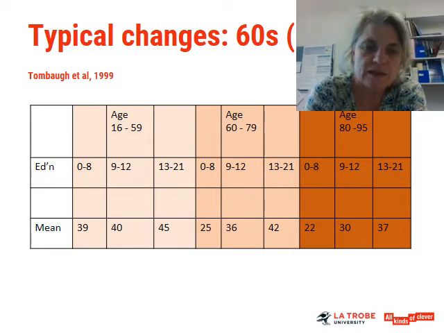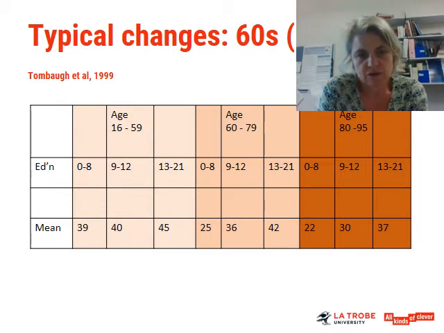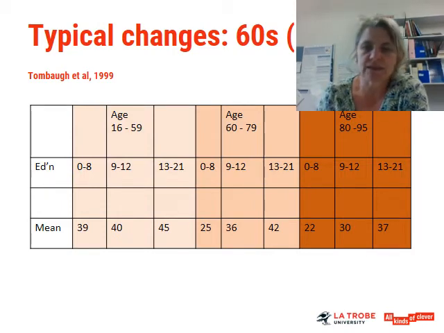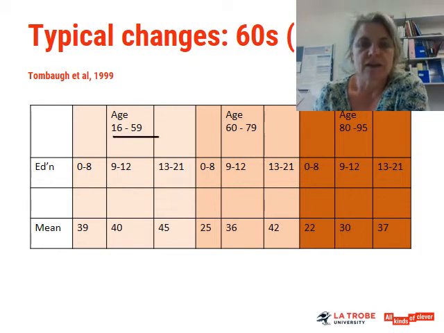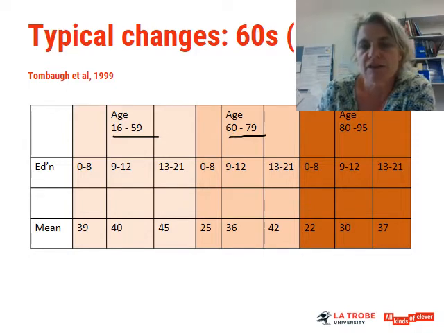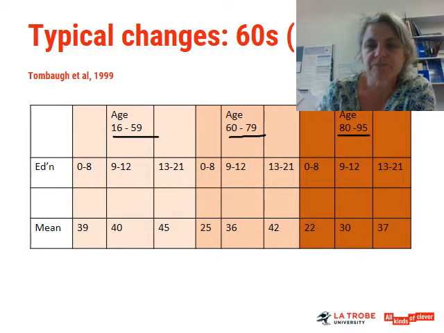They grouped their results in terms of people who were aged between 16 and 59 here. Then they looked at the group between 60 and 79 years of age, and then the group 80 to 95 years of age.